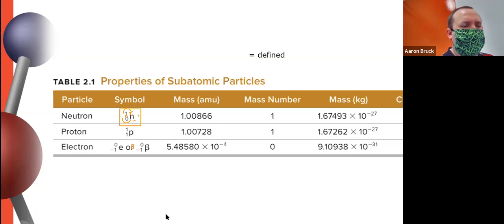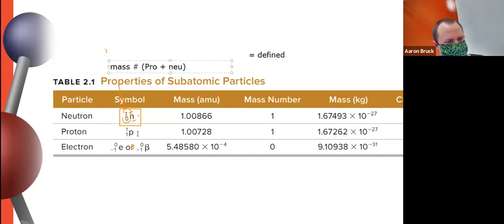The top number, as you should know from your post-lecture, is the mass number, which is the number of protons plus the number of neutrons. So if I'm looking at a single neutron, obviously it just has a mass number of 1.